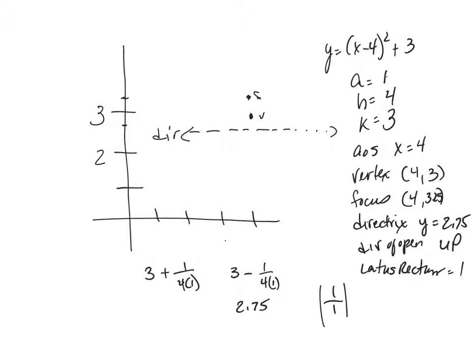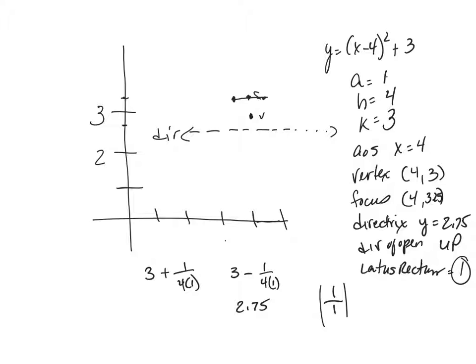So now we look at the latus rectum, which is 1. So I'm going to put a 5 here. And if this is 1, we're going to go halfway, 1/2 of a box to the right and 1/2 of a box to the left. And that is your latus rectum. I call that like the axle on a car that keeps the tires together.